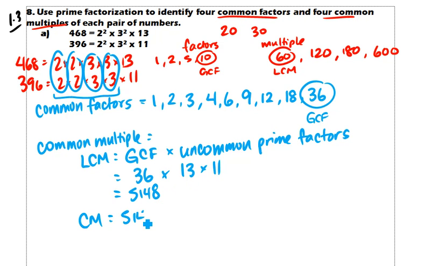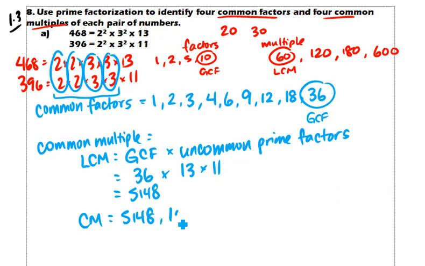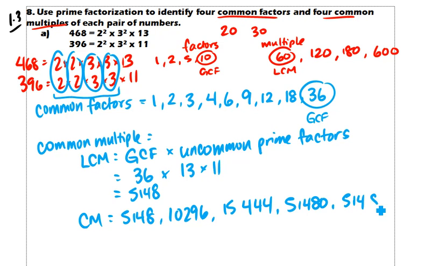Now, to find other common multiples, I just need to find multiples of 5,148. So we know 5,148, and if we just add another 5,148, I get 10,296. If I continue this trend, I still have 15,444. And I can even look at the original one, multiply it by 10, then I get 51,480, and even 514,800.